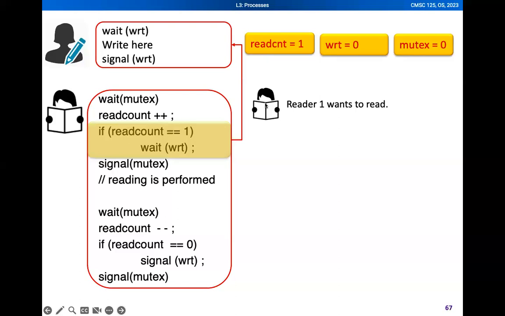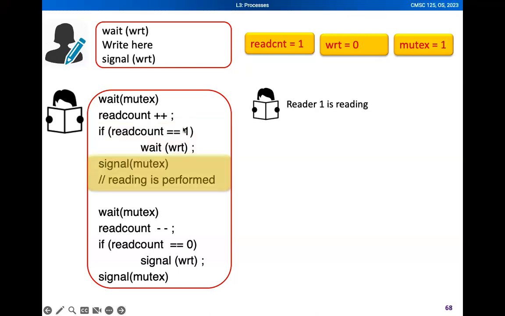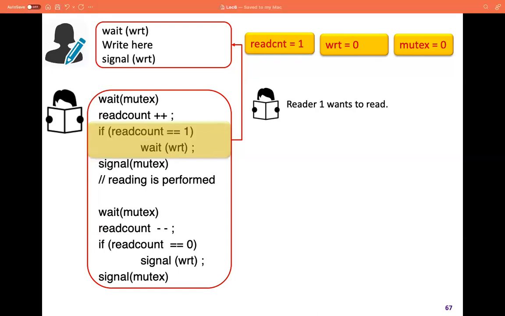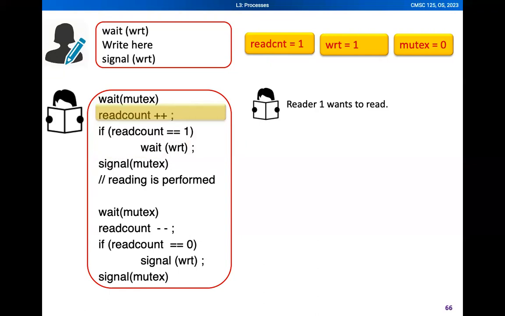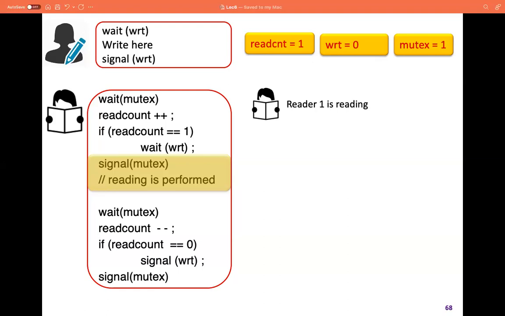And if the read count is equal to 1, then it must wait on the write semaphore. Okay, and that means that we are trying to put it on queue, so to speak. So it signals the write that, okay, I want to read, so please hold. So we can see that the write semaphore is also decremented. And now it signals the mutex again, or releases the lock on the mutex.